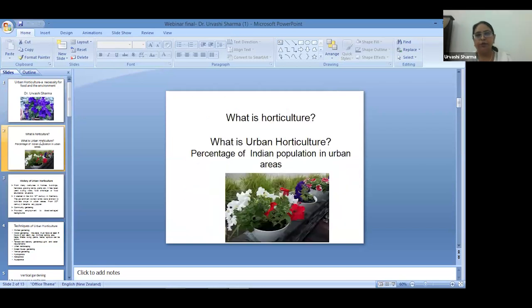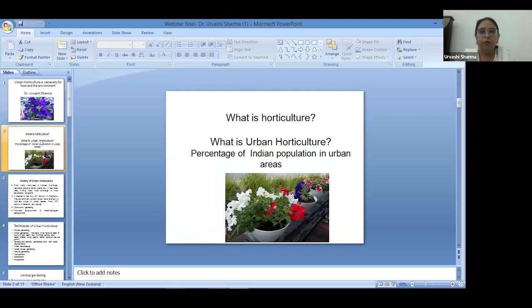Now, what is horticulture? As we all know, horticulture is a branch of plant science which deals with the growing and management of the crops and even marketing of the horticultural crops like fruits, vegetables, flowers, and medicinal aromatic plants, etc. Now, what is urban horticulture? Urban horticulture is a branch of horticulture in which we talk about the plants which are grown in the urban areas.